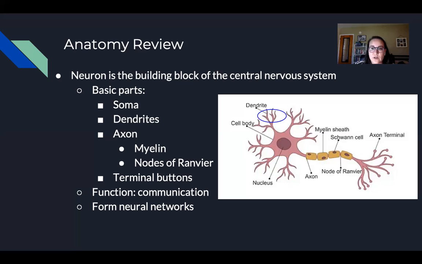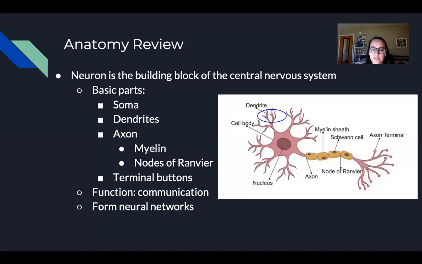For the dendrites, these are the branch-like or tree-like structures that extend from the soma, or the cell body. What the dendrites are doing is collecting information from hundreds of the other neurons that are connected to them. You can't see it in this picture, but there's really this ever-expanding collection of neurons that are connected to each other.